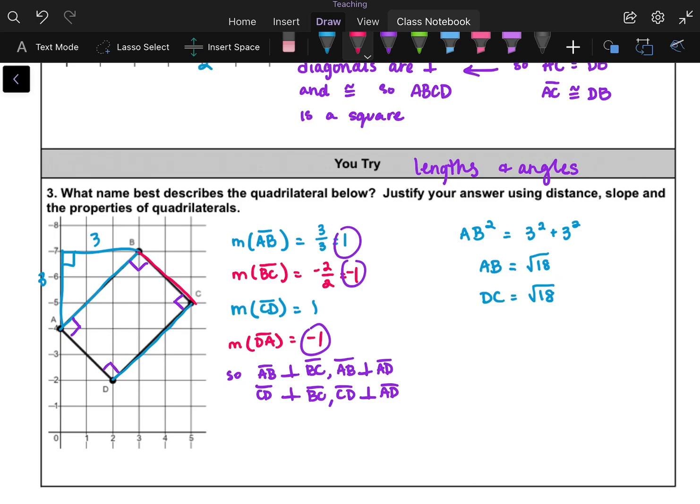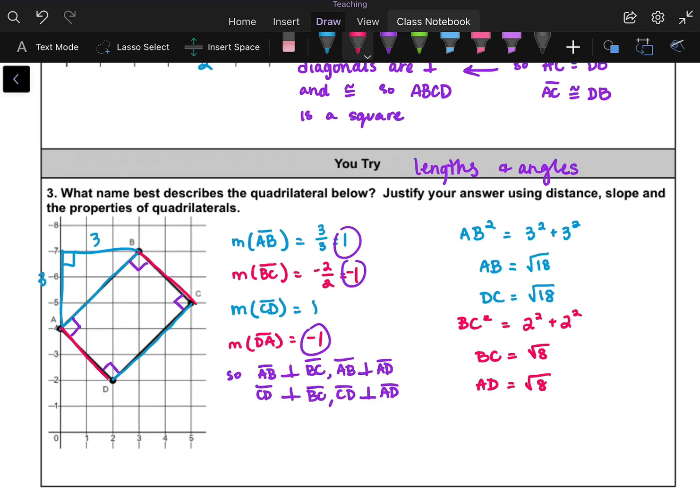We want to take a look at our other sides. So the length of BC squared is equal to 2 squared plus 2 squared. Simplifying that will give us the length of side BC is equal to square root of 8. And then doing the same thing to find side AD, the length of side AD will also be equal to the square root of 8.